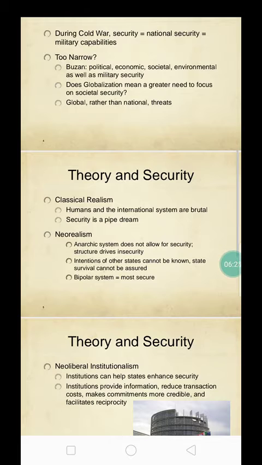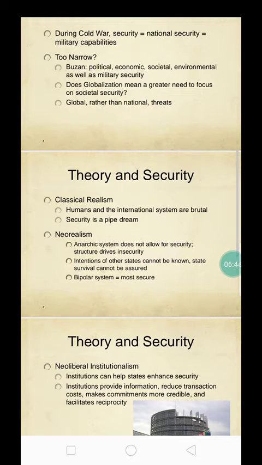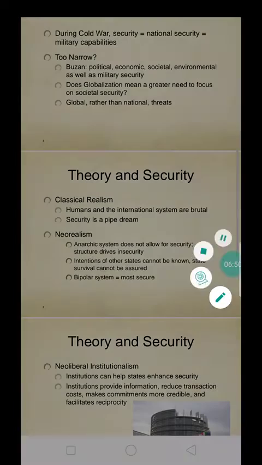Classical realist theory adopts a pessimistic view of human nature and argues that humans are not inherently benevolent, but instead they are self-interested and act out of fear or aggression.